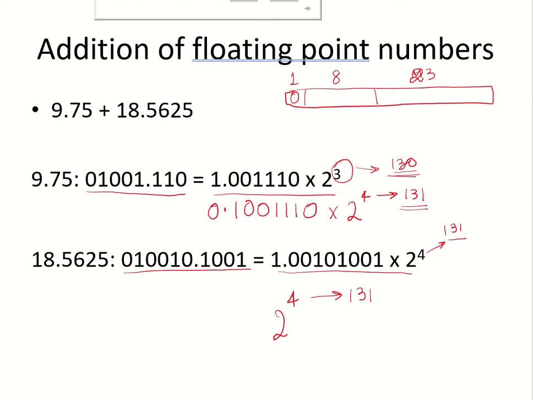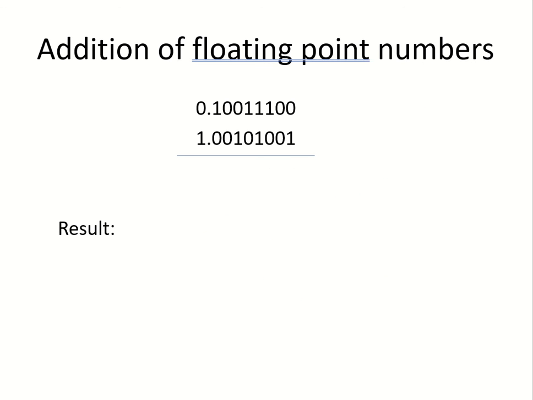Now the exponents are equal, so we can add these two mantissas. So these are the mantissas that are to be added, once we have aligned them with the exponents. If we add the mantissas, this is what we are going to get.